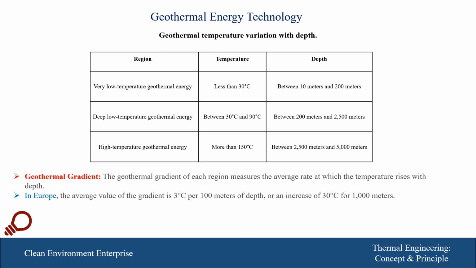It depends on the earth where we are dealing. For example, in Iraq, some studies show that the temperature variation is around 21 Celsius per 1,000 meters, and maybe in other places you will find another value. So it depends on the climate and the geological effect.